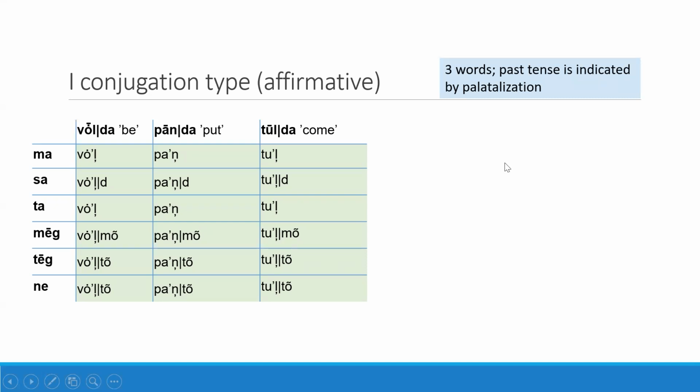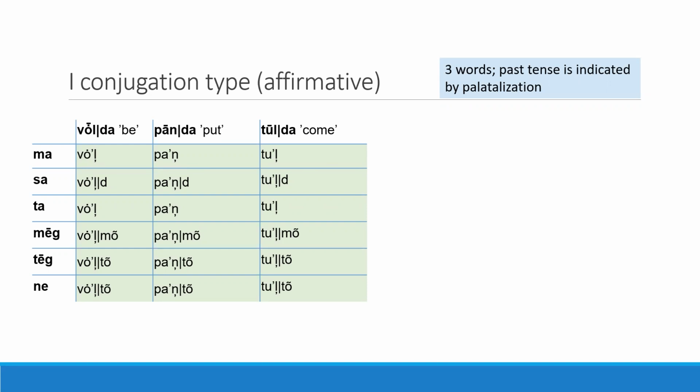And this is now one type where you have past tenses indicated by palatalization. So what makes it past is this, here you see this palatalization mark. So ma võll, I was, ma pann, ma tull. So this is the only type where you have this, the only indication of this past.